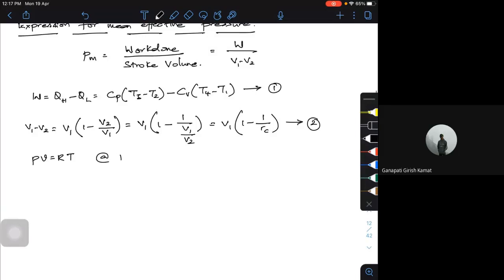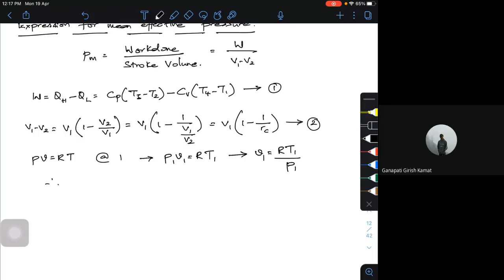At point 1, I can write P1 V1 is equal to R T1, or V1 is equal to R T1 divided by P1. Now I'll substitute this in equation 2.